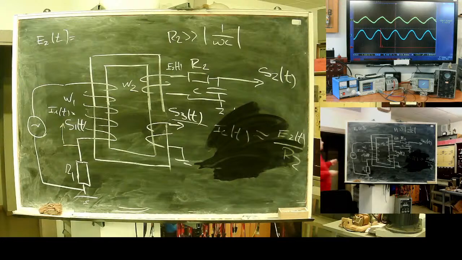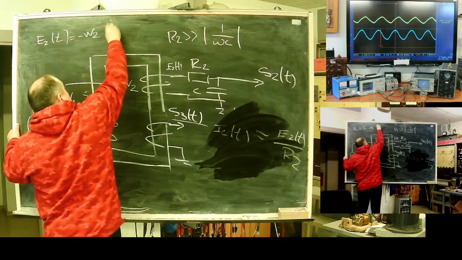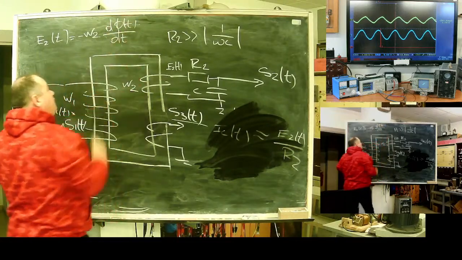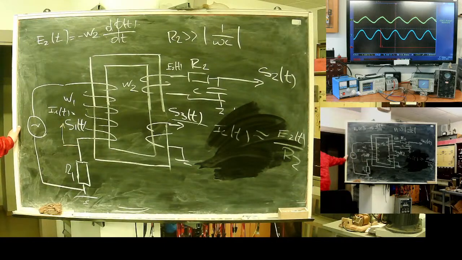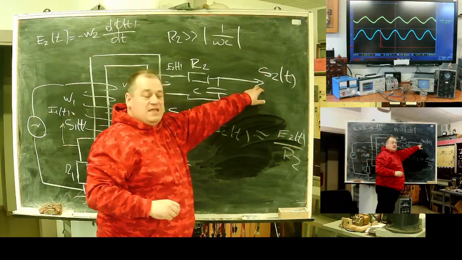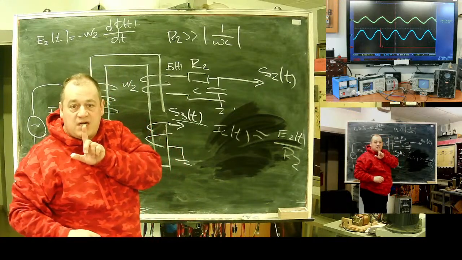Physics. It will be the number of turns times the first derivative of flux. Agree? And if the signal is an integral of E2, what will signal 2 be? Integrating a derivative.